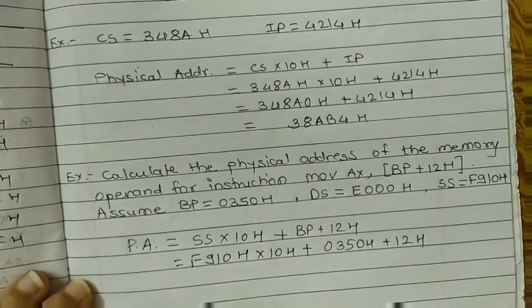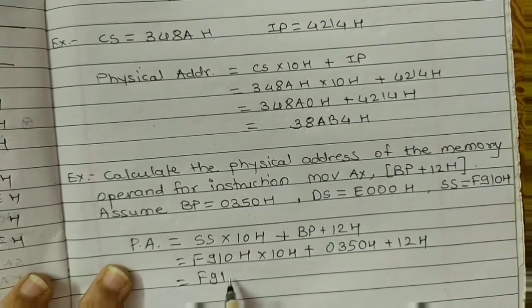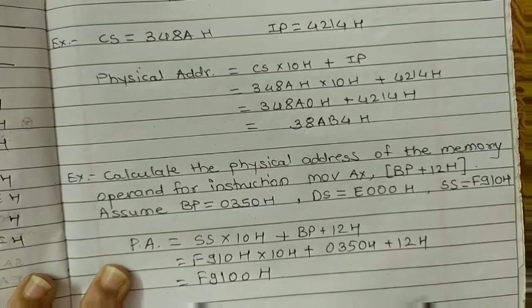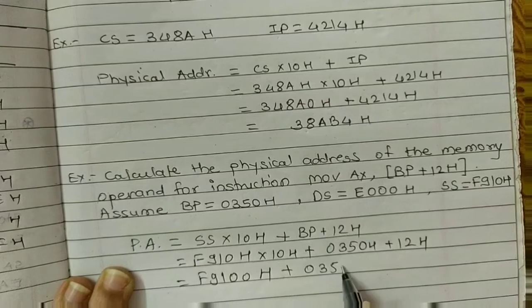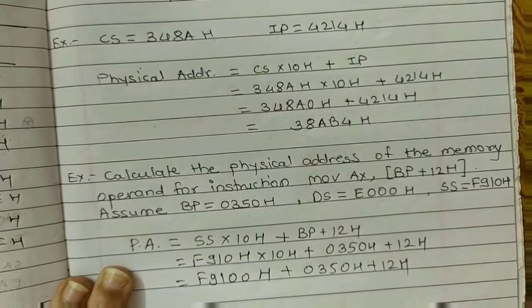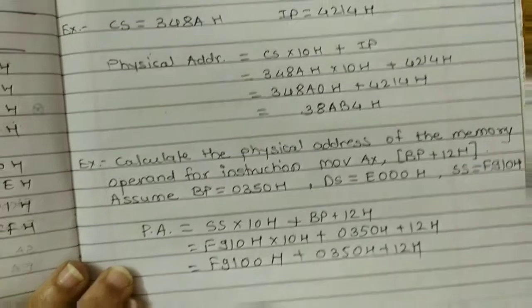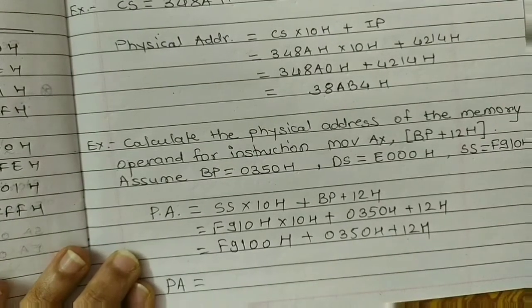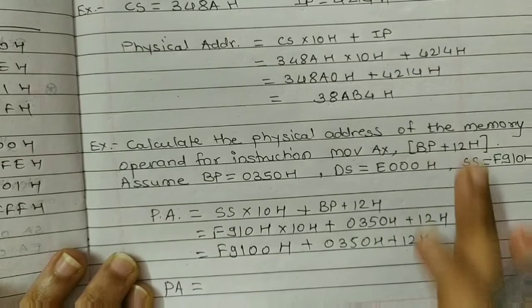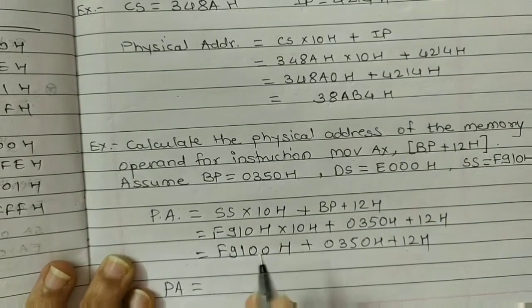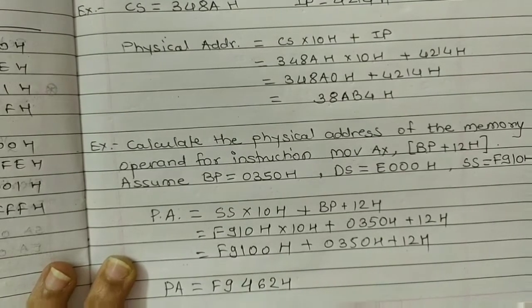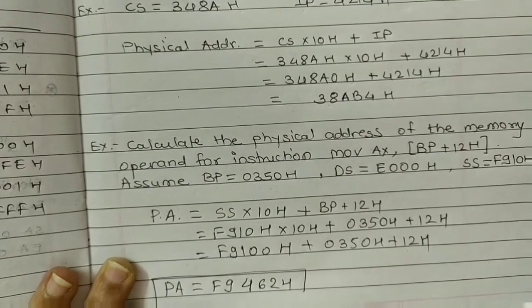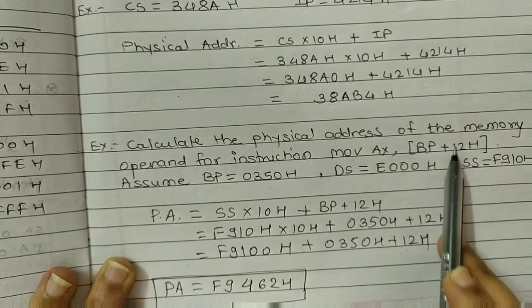So it will become F9100H plus 0350H plus 12H, and when we add this we'll get the final physical address equal to F9462H. So by this way we can calculate the physical address of the memory operand for this particular instruction.